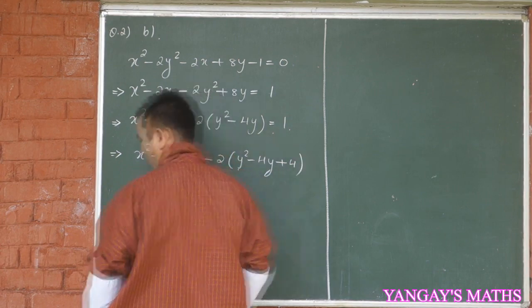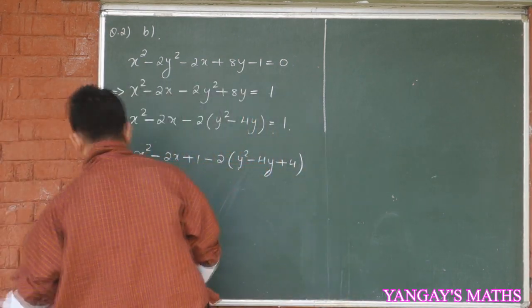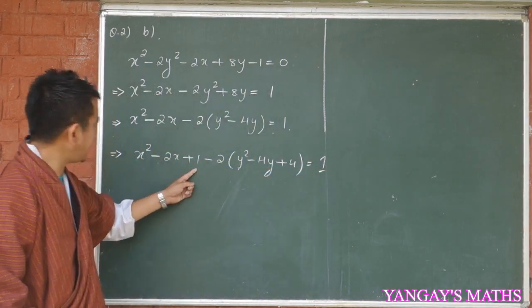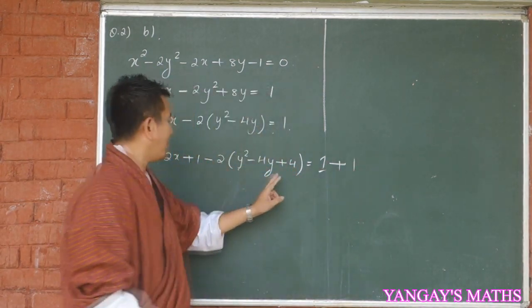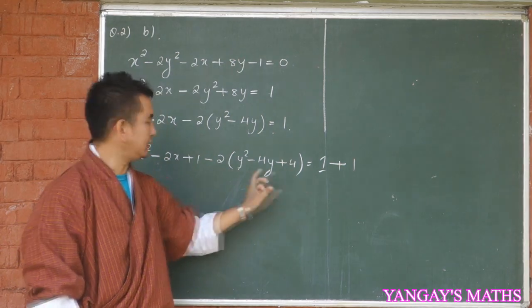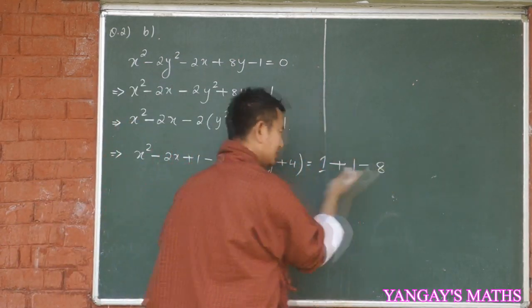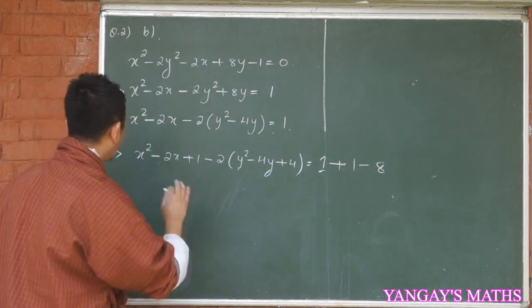That is equivalent to 1. Here what I added: on this side I have added 1, but here I have added negative 8, isn't it? Negative 2 times 4 becomes negative 8. The logic involved here is the same. Please remember what you have learned under ellipse.